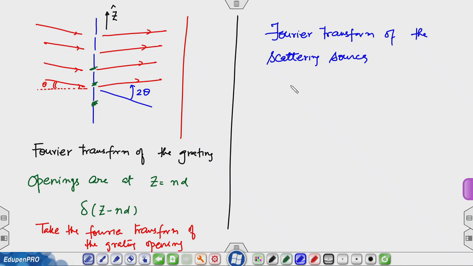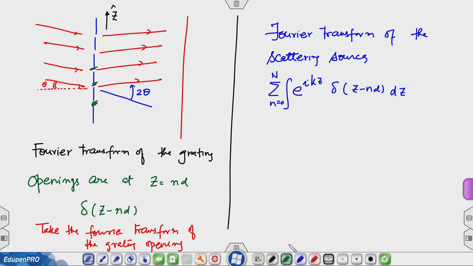So, if I do that, it will be e raised to i k z delta z minus n d summed over n integration dz. I am summing over n because there are these gratings which are going from all over the place. So, I can sum from n equals 0 to, let us say, n scatterers or n openings.